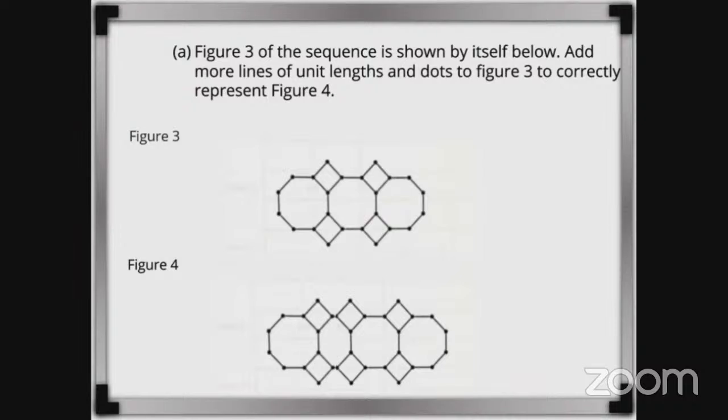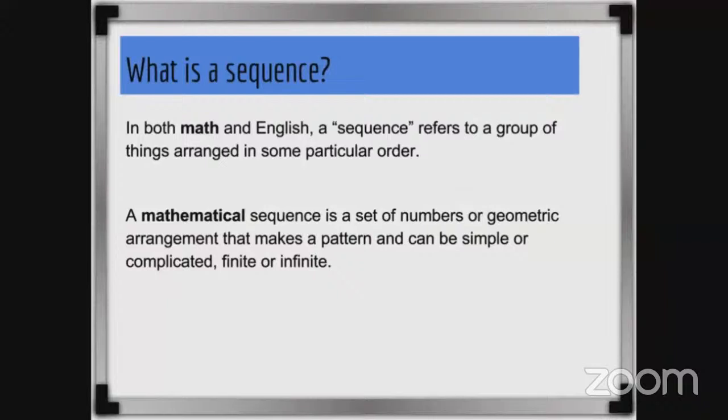That would have been figure 4. And that's pretty much what you would have drawn on your paper, showing that you added 1 more octagon and joined them by the vertices. So a sequence in English still refers to a group of things arranged in some particular order.